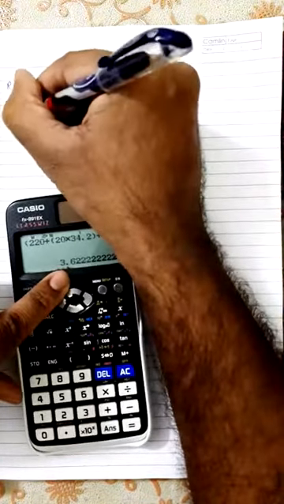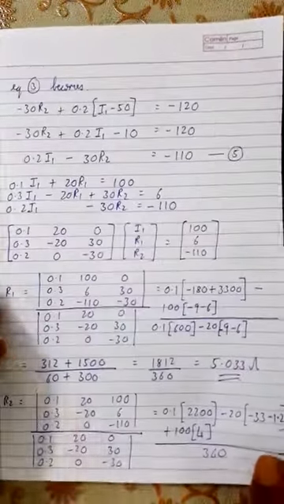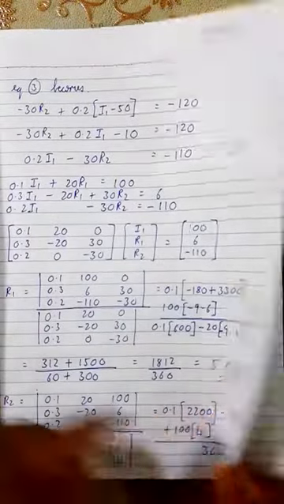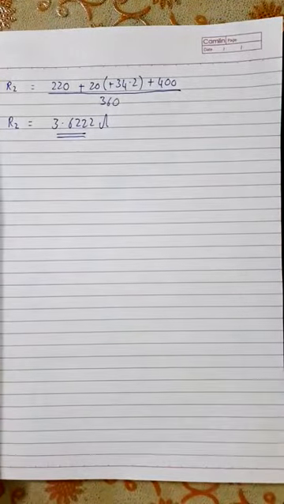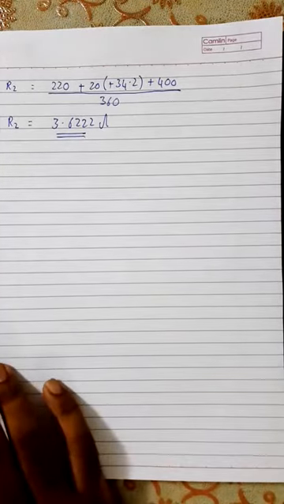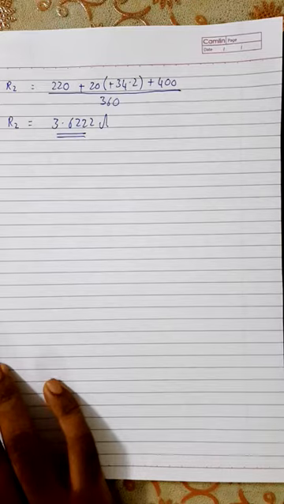So this is the value of R1 and R2, right? The value of R1 I got is 5.033 ohms and the value of R2 is 3.622 ohms, okay? So this is the answer I got. Please, if you are getting any other answer, please contact me, alright?